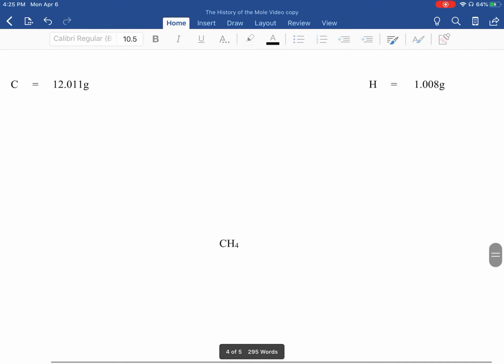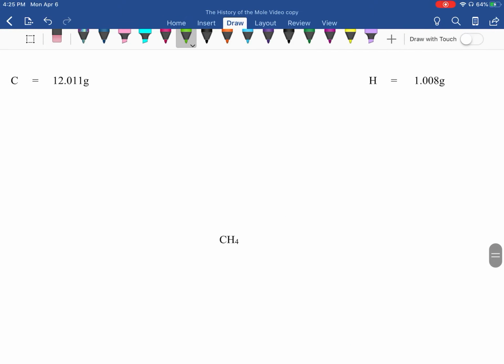So let's do another one. Let's take carbon and hydrogen and make methane. We did this in unit 2 also. Let's write out what we know already. I'd like to make one big chart so that we're pretty solid on what our concepts are.